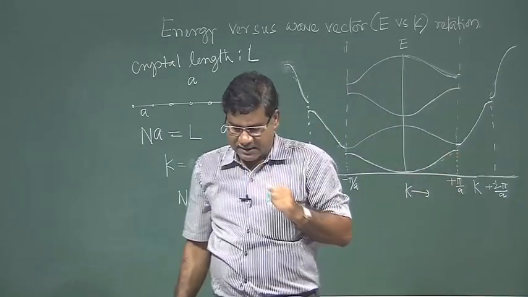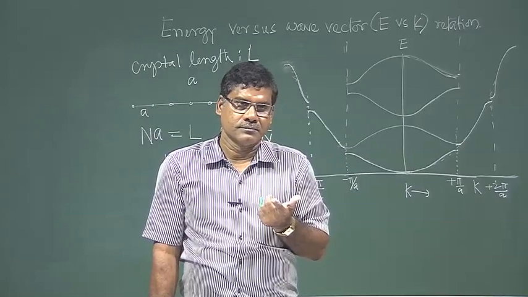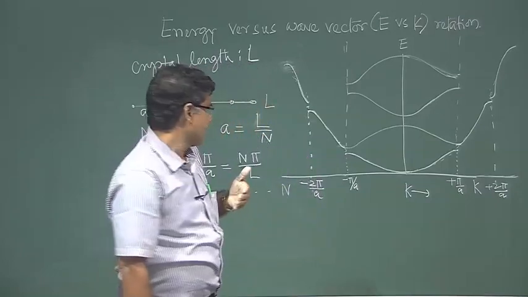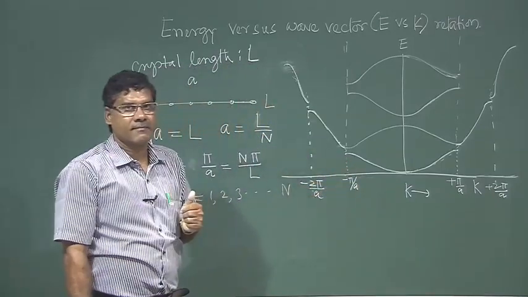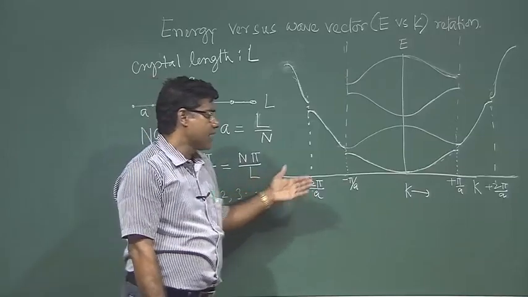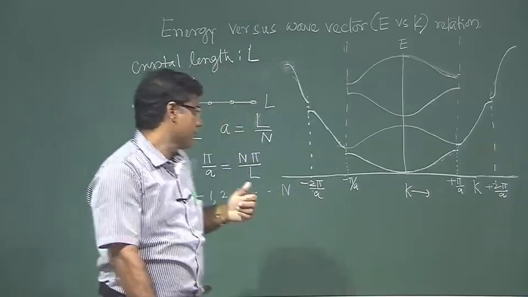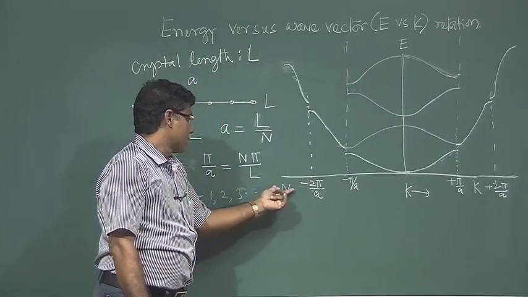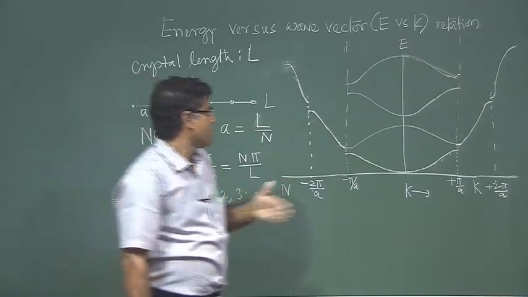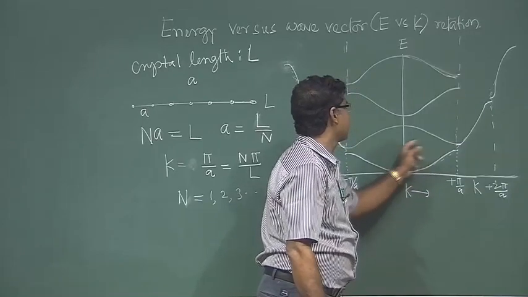So, then we can say that there are n number of states. Each k value will represent one state, or each k value will represent one energy. So, we will get n number of states, n number of wave functions in the first Brillouin zone, or we will get n number of energy levels, right, because here n number of states are there. For each value of k it will have a different energy, right.